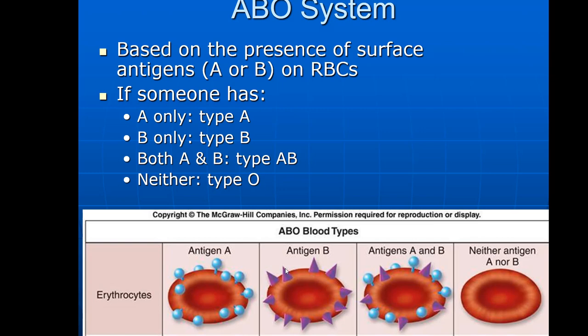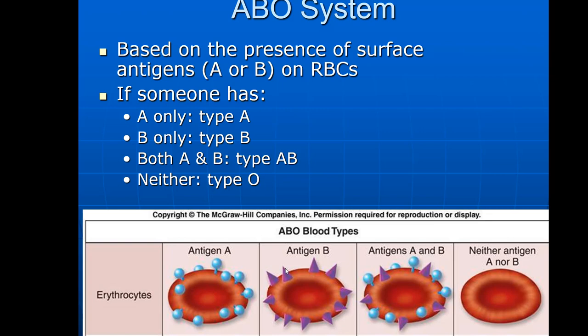You don't want that. It causes a big mess in the blood. So if you had antigen A on your red blood cells, you would not want antibody A in the plasma because they would interact and cause problems.